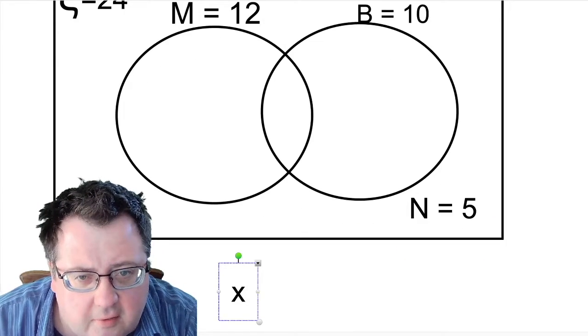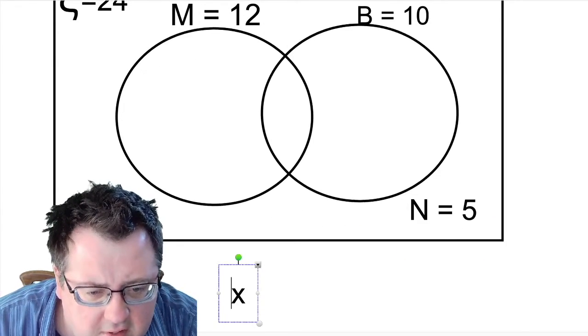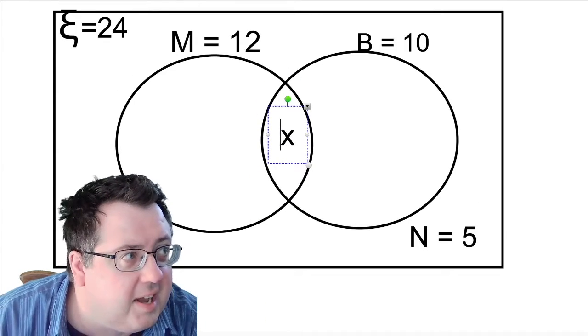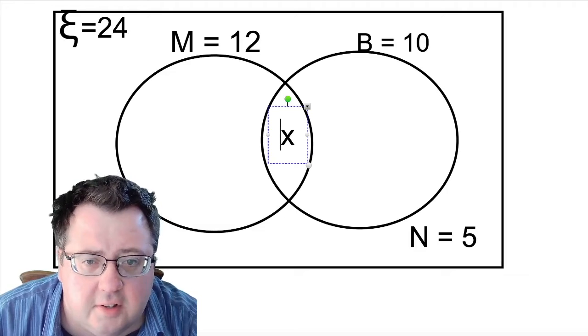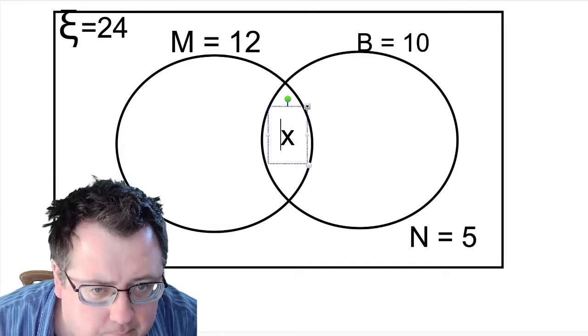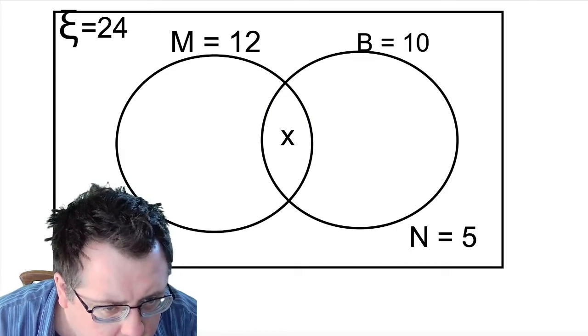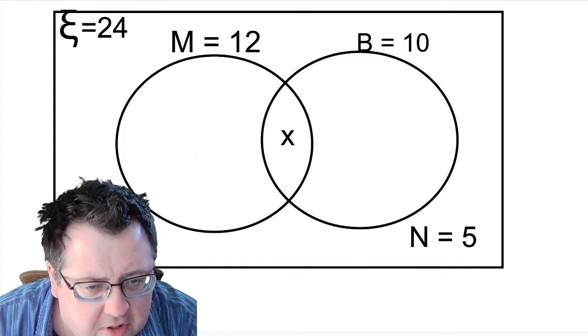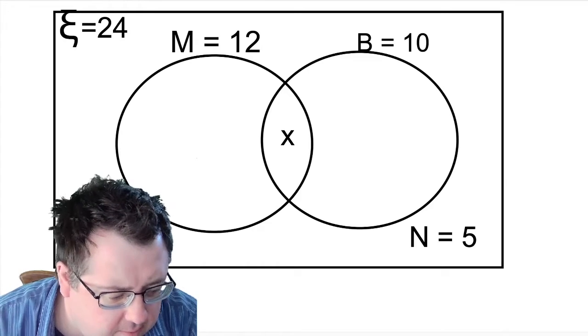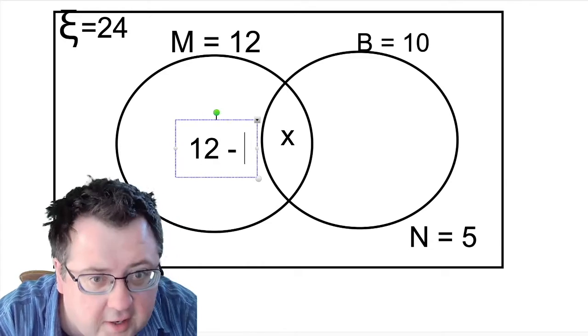If you have something you don't know, we can label it with an algebra letter, which is X. Okay, so that's what I'm going to do for the overlapping section in the middle. And we should know that this part of the circle for maths will be 12 subtract X.